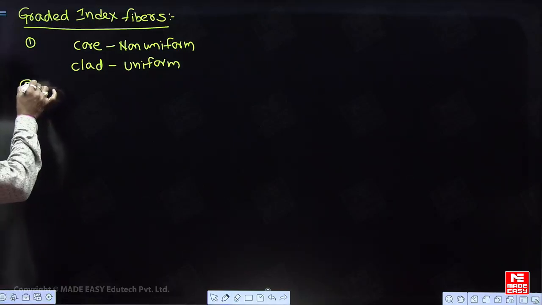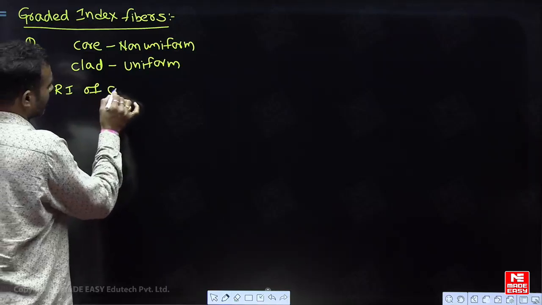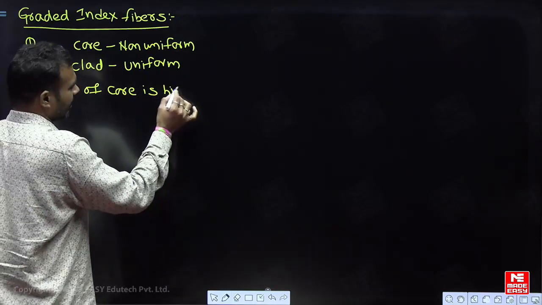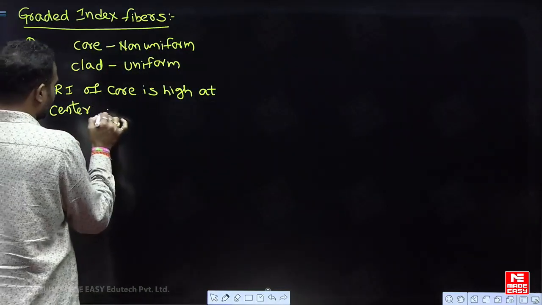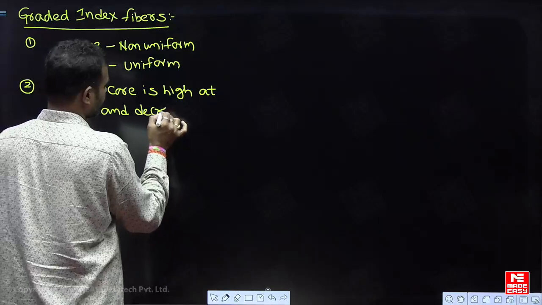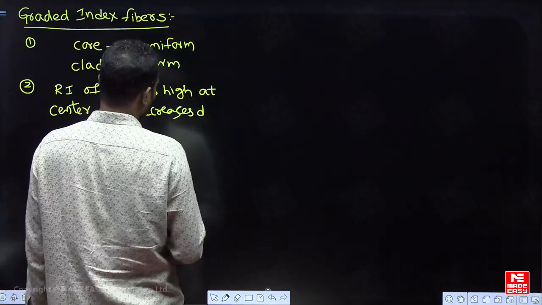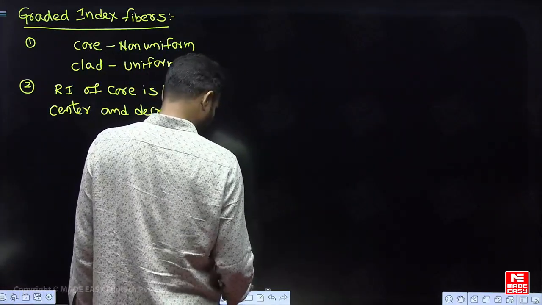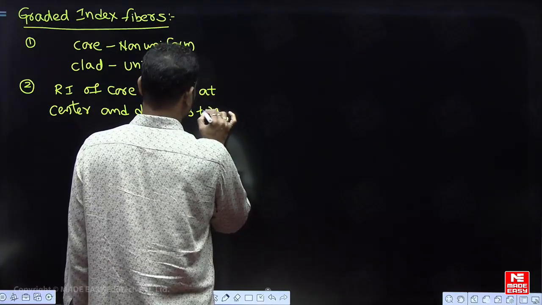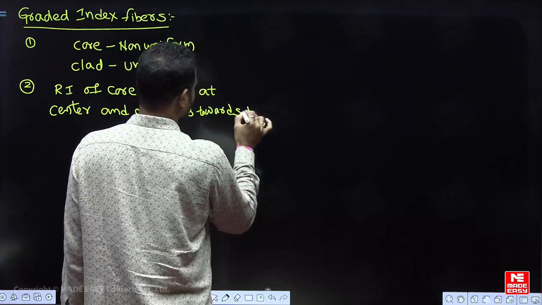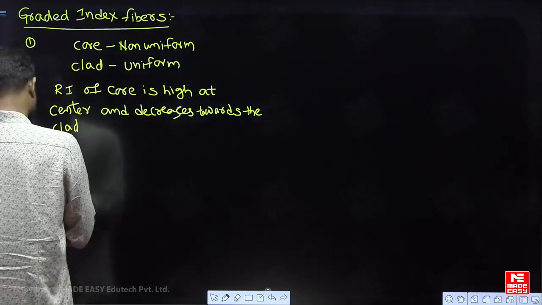Now, coming to the second important point, the refractive index of the core is high at the center and decreases towards the clad. This is the second point.